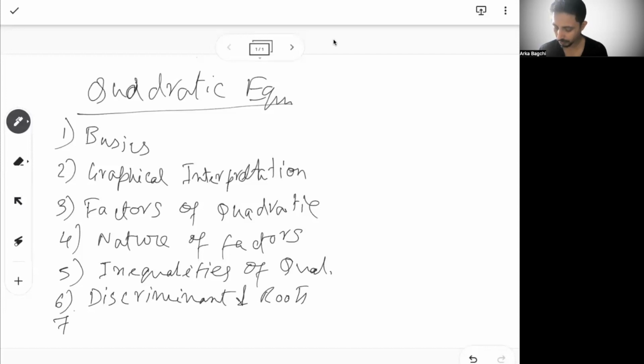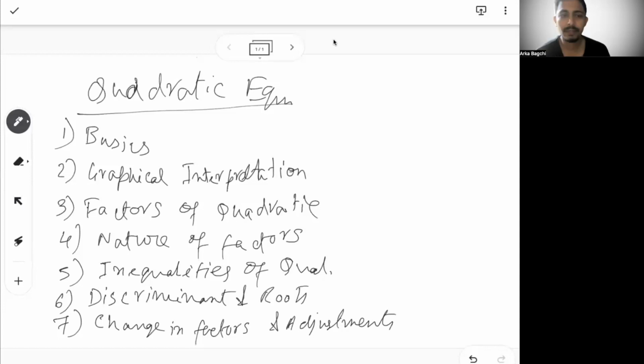And finally, we'll talk about the change in factors and adjustments. So these are the top 7 things we intend to cover in today's session. It's a little longer list, so the session may be a little longer, but without further ado, let's get started.